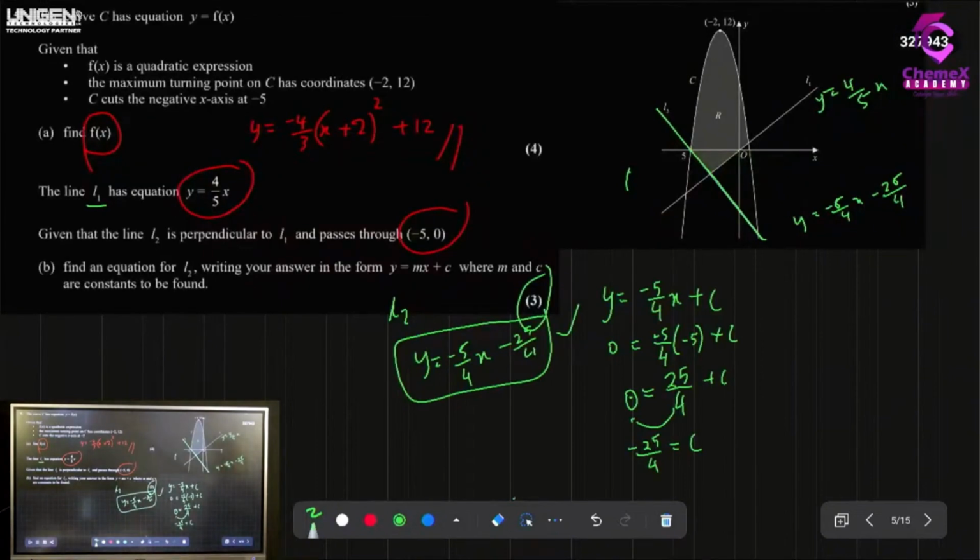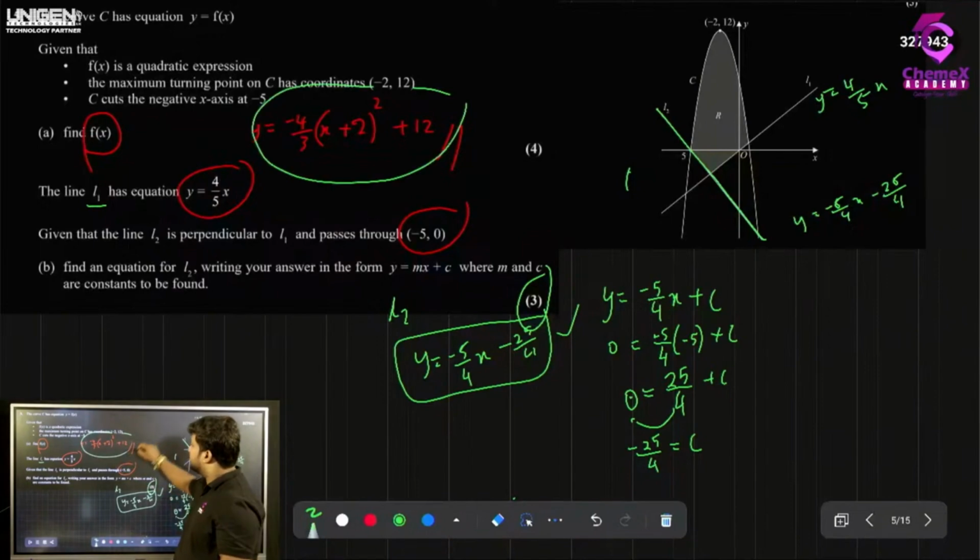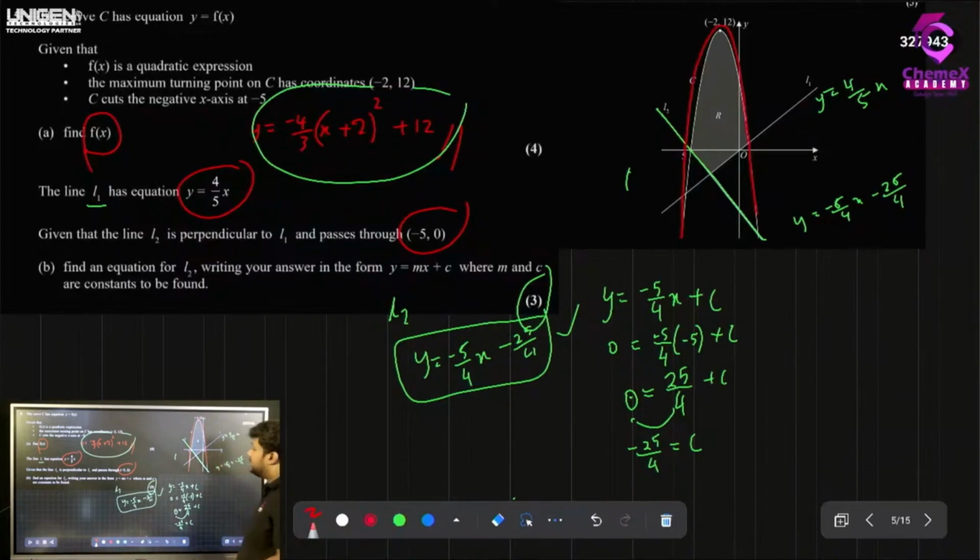Since you know three equations, one is going to be this. If I take red and explain, it's going to be below this curve, right? The colored region is below. So that means y should be less than or equal to minus 4 over 3 (x plus 2) squared plus 12. That's one inequality.